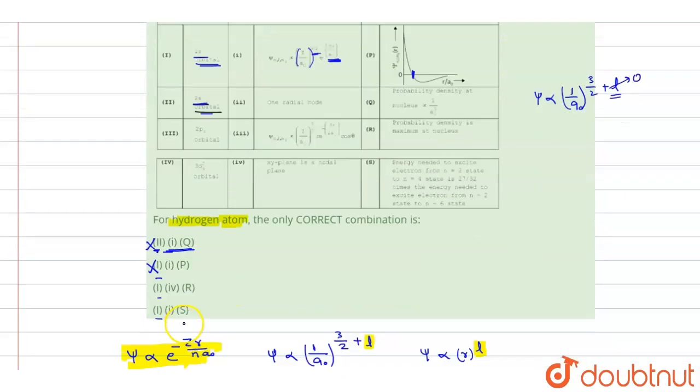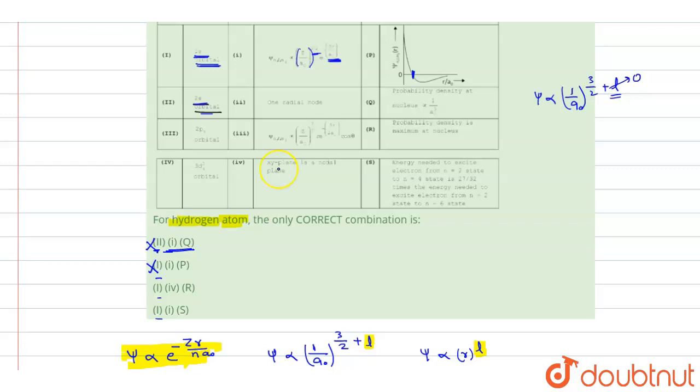Now we will see third option, that is 1, 4, r. 1s orbital, and xy plane is a nodal plane.